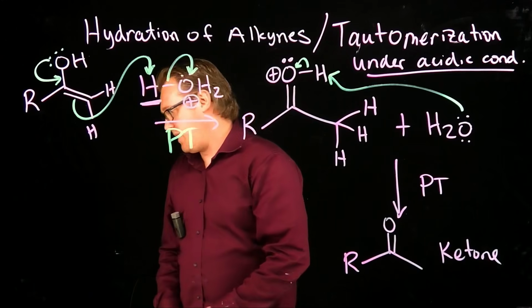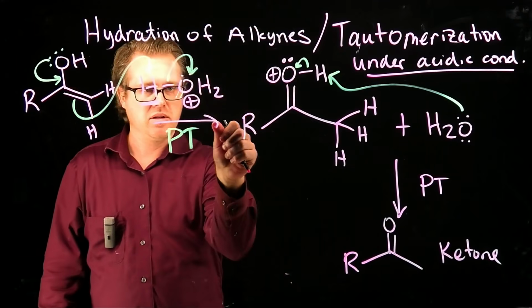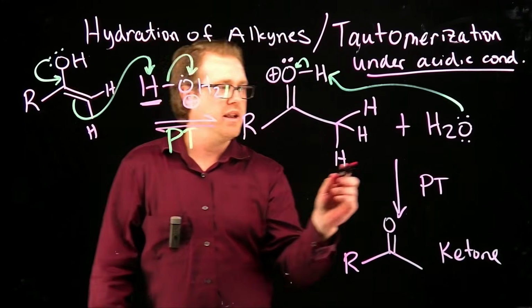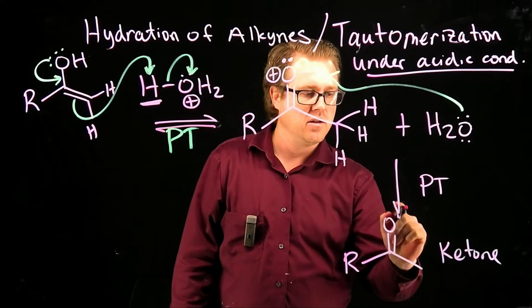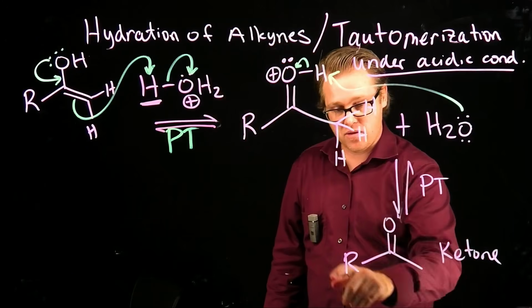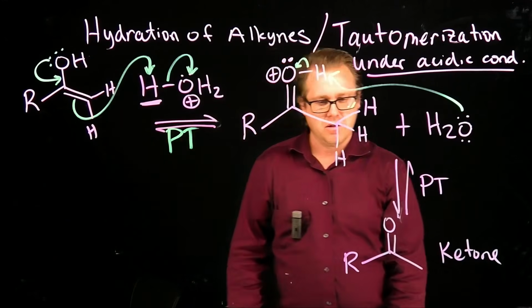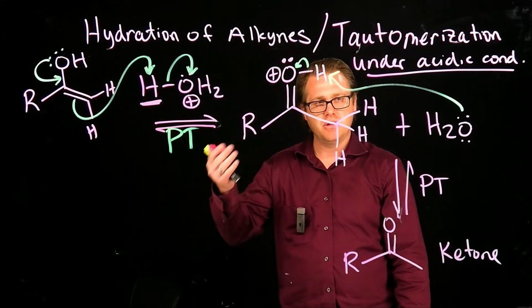Okay? Now you have to understand, though, that this is at equilibrium. And so technically we should have some equilibrium arrows here, because we can, in fact, go from the keto or the ketone all the way back to the enol. So mechanistically, how do you do that?